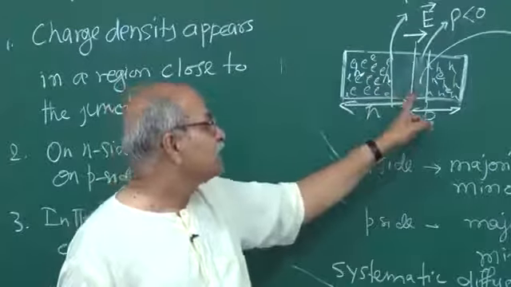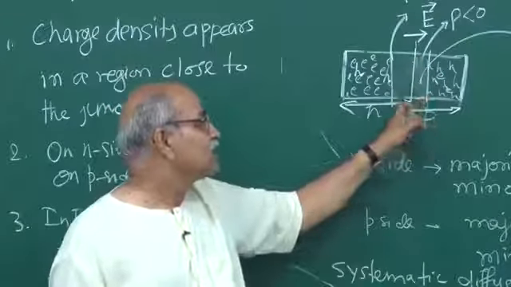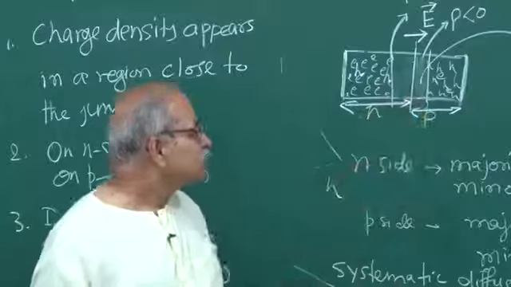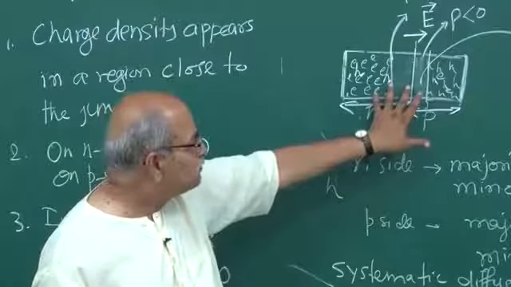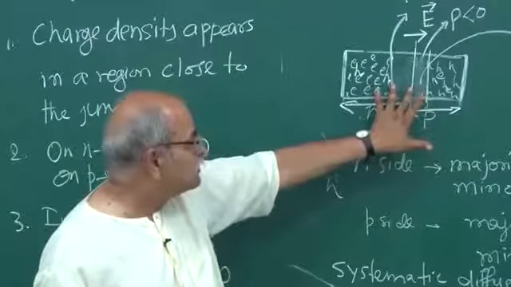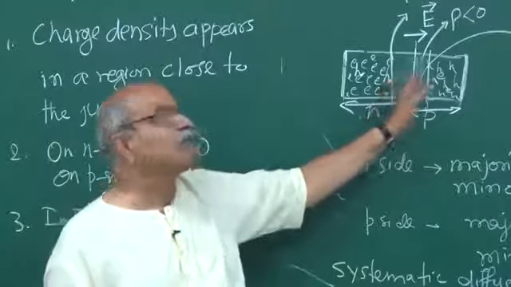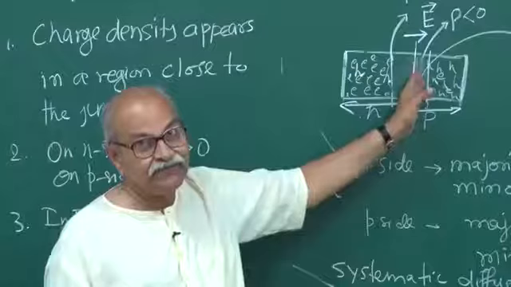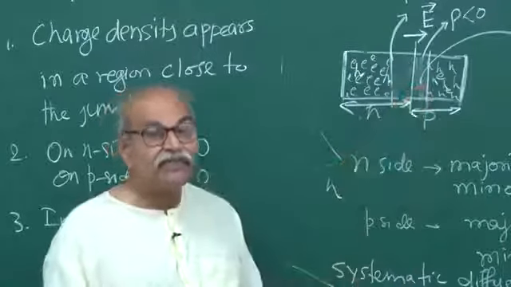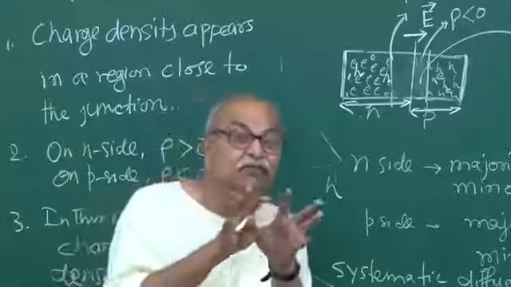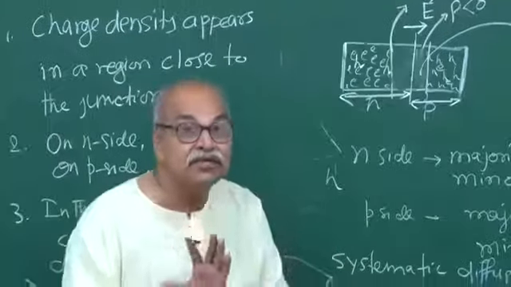And similarly here, although there are no charge carriers, no holes, no electrons, still it is P type. So the width of this depletion region on the left of the junction and on the right of the junction will depend on the concentration with which the dopants were put there, the impurity concentrations.